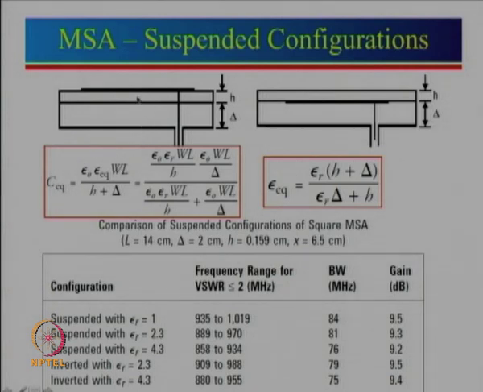We get an additional thing also: this short can also provide DC ground to the antenna, which is sometimes required for protection from lightning. So DC grounding is good, and that will also act as a support.